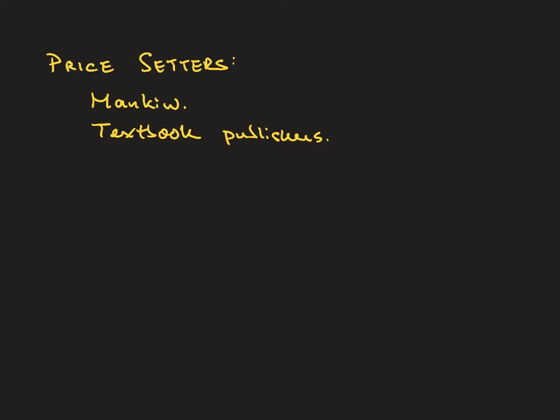Textbook publishers think about how much they can raise the price, and they want to raise the price when demand is inelastic. They can make money by raising the price. If demand is elastic, they would lose money by raising the price. So textbook publishers are price setters, and I think most of them are in it for making the money.